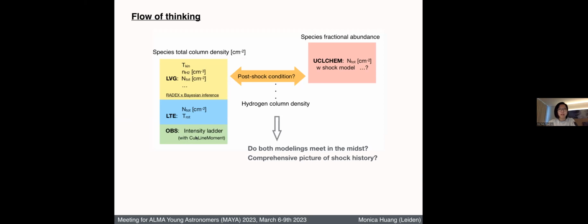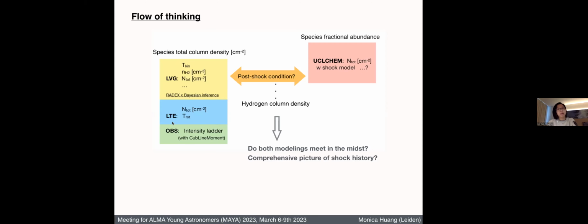Starting with the observational data, with the many transitions we have, we use LTE to build a good preliminary understanding of the gas properties, including the gas temperature, molecular gas column density, etc. But as you know, there are a lot of limitations in this LTE thinking, so we must proceed to perform a non-LTE radiative transfer analysis, where we use RADEX and RADEX with spatial inference analysis to get a good estimate of the gas properties, including the gas temperature, gas density, etc.